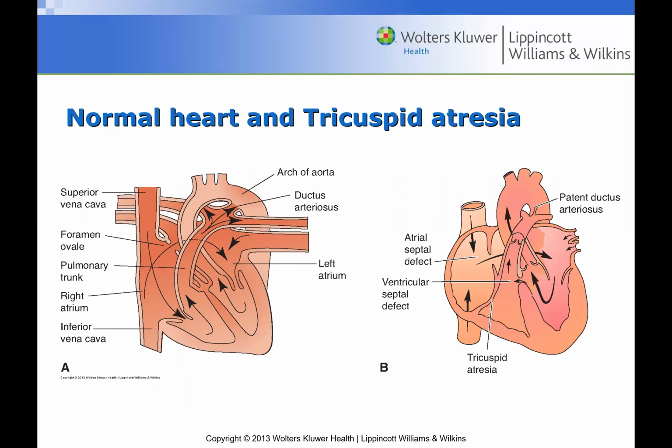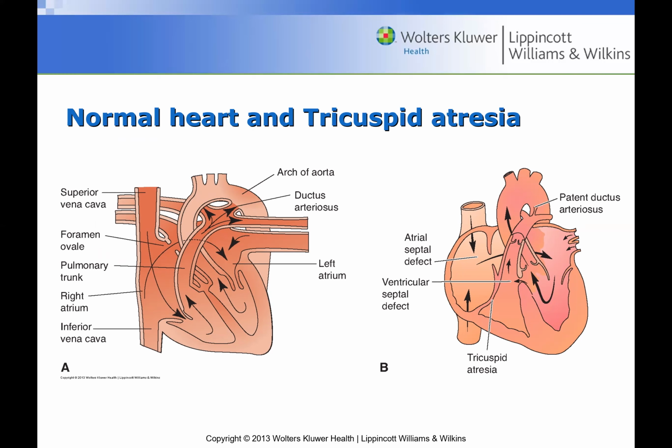So this is an image of tricuspid atresia, which I think seems to be a little bit more common than right ventricle hypoplasia. But basically that means that the tricuspid valve is not working correctly.